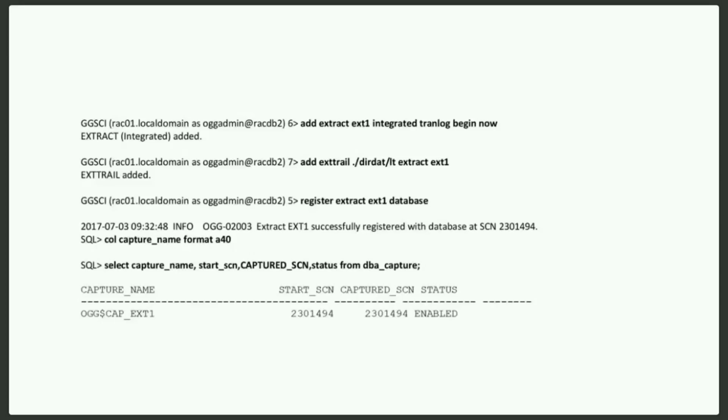And here it has the name OGG$CAP followed by the name you have provided for your extract process. So you can see that it started capturing data at a particular SCN. So that's when you register the database. Changes that happened before this SCN are not captured by this particular extract process. So when you register the extract, keep in mind the SCN number from where the extract process is picking up changes.